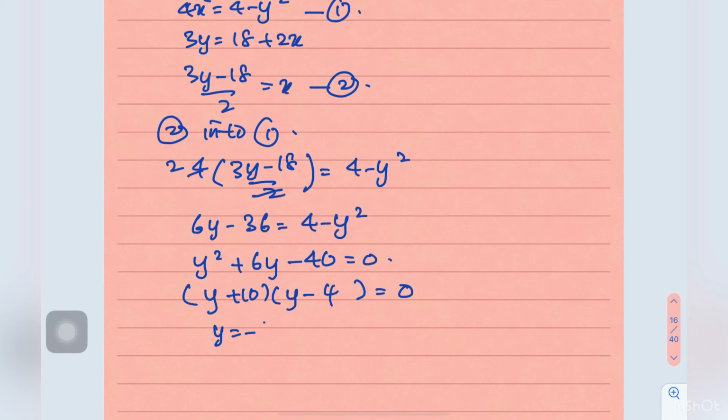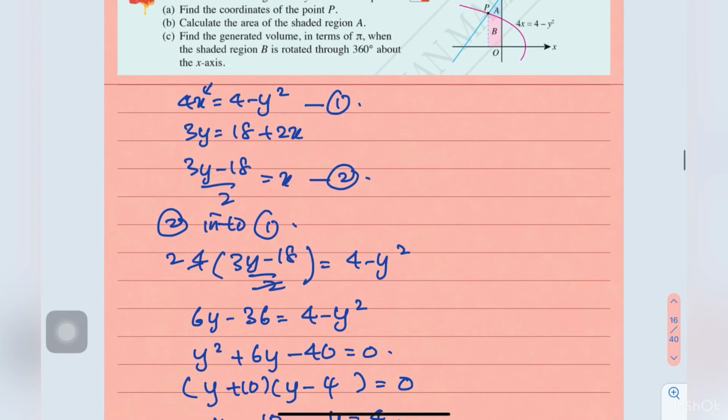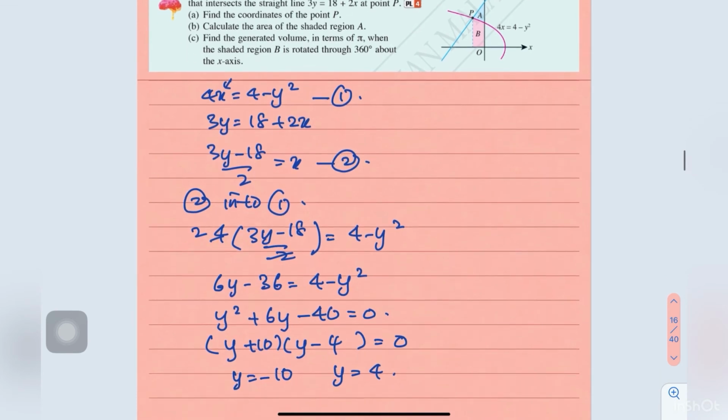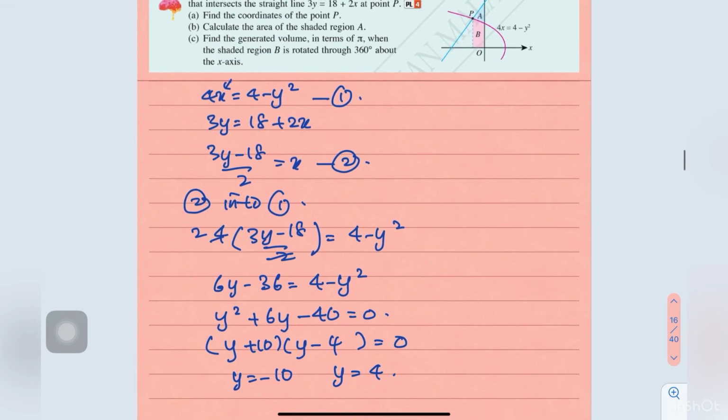So y is negative 10, y is 4. Okay, so from the diagram, P is at the left of the y-axis, meaning that we choose at the top of the x-axis, meaning that y is positive.